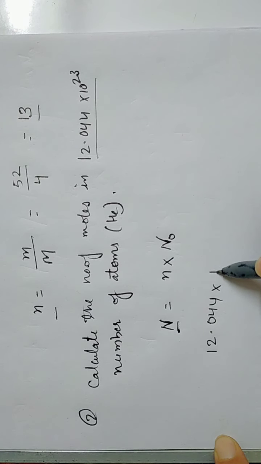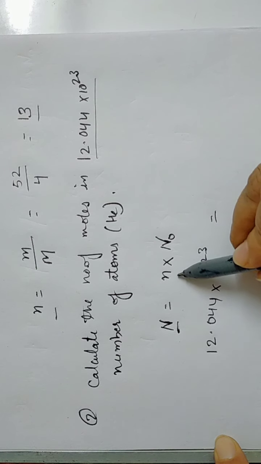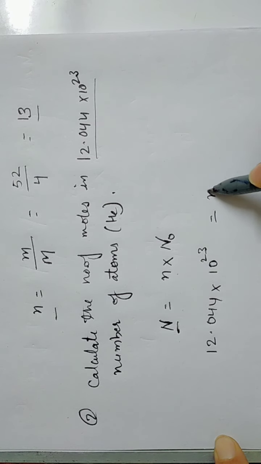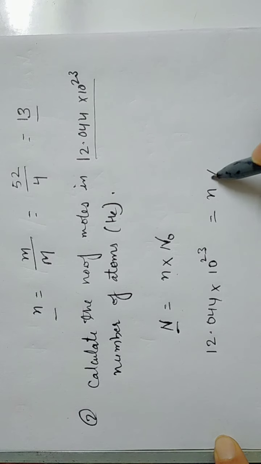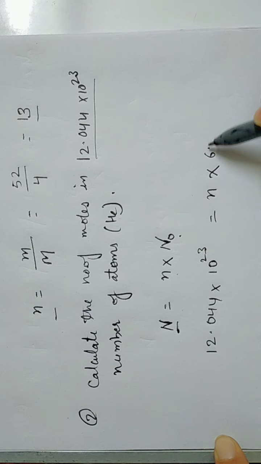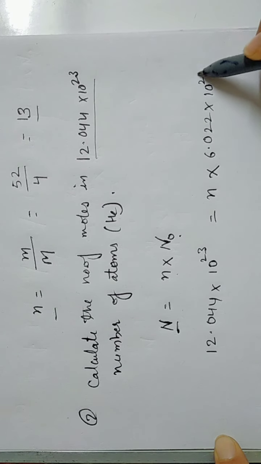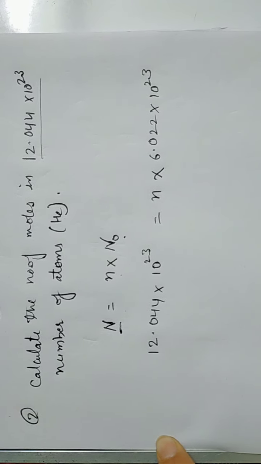12.044 into 10 to the power 23 is equal to the number of moles, which we have to find out, so keep it as it is, multiplied by the value of Avogadro number, that is 6.022 into 10 to the power 23. Now use your maths.